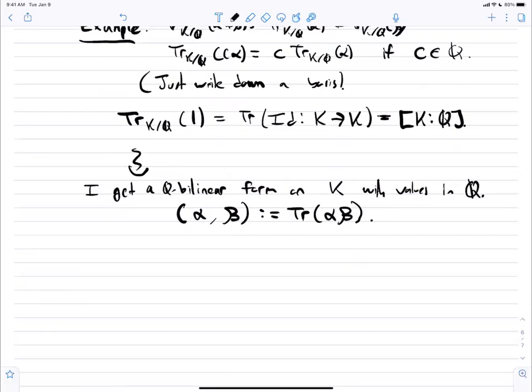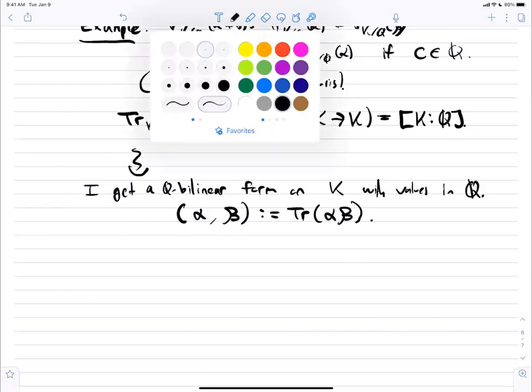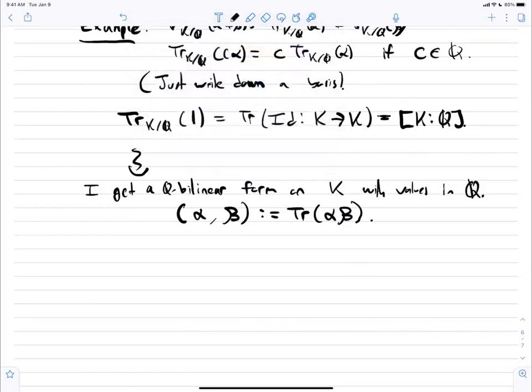We're going to do the following. Oh, yes, right, I should say non-degenerate. And it's even symmetric because the trace of alpha beta is always the trace of beta alpha. It doesn't really matter that it's symmetric, but it is.